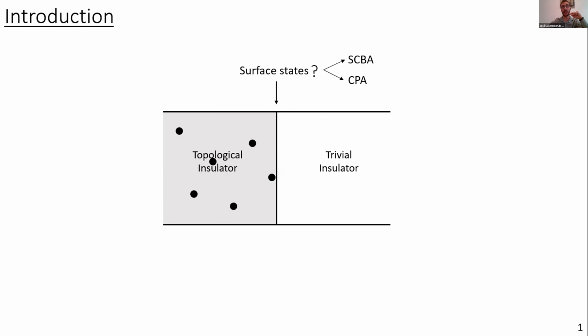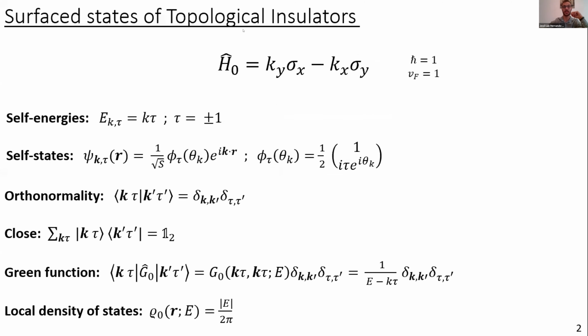Both of them are self-consistent approximations, so that's why we focus only on those. Let's first review some of the principal properties of those surface states. Those states are described by a 2D effective Hamiltonian, which admits a continuum description.